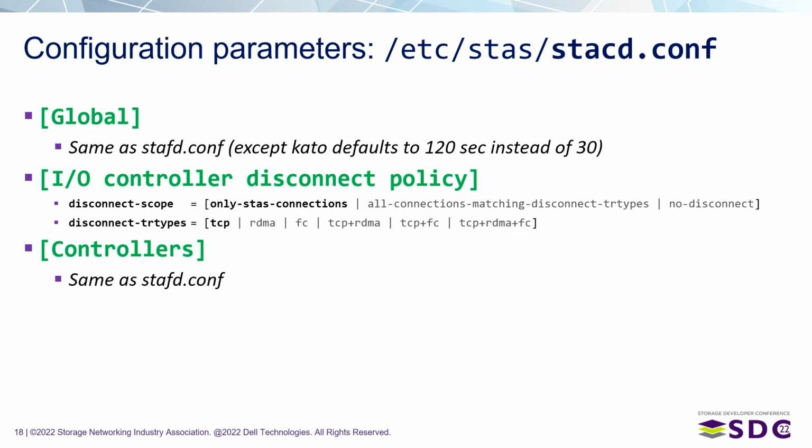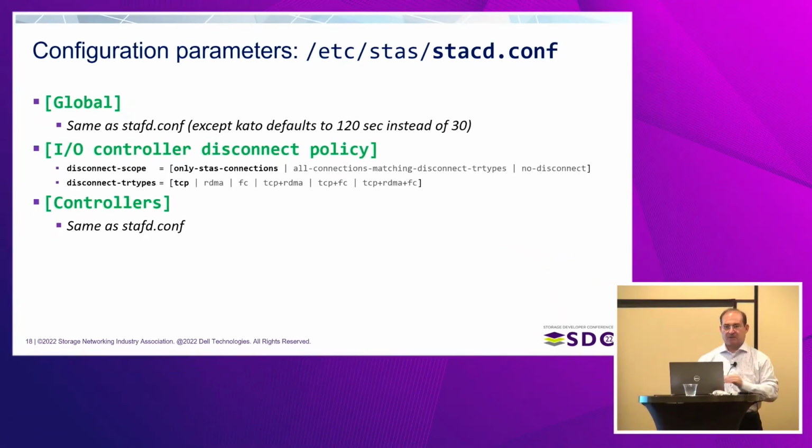But given that this is a new behavior, it is now configurable. For the disconnect scope, stackd can monitor only the connections it made, or all the connections, or there can be no disconnect, which means once you connect to a subsystem, no matter what happens to the discovery log pages, that connection is not removed automatically by the host.